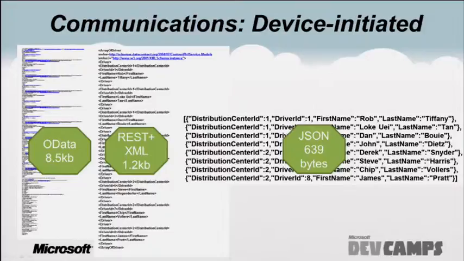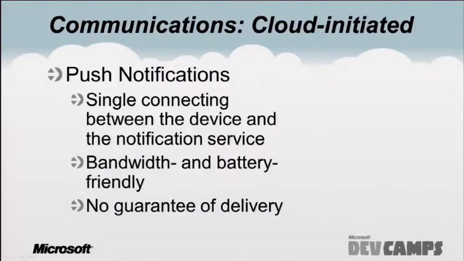Now consider that you've got a web role that has a limited capacity in terms of bandwidth per second that it can utilize. You've just increased the number of requests that can be going to that in terms of the data flow by 13 times. So you've reduced your cost by 13 times as well. That's important when you start scaling out. Maybe not with a small solution, but when you start getting tens of thousands of users, it's quite important.